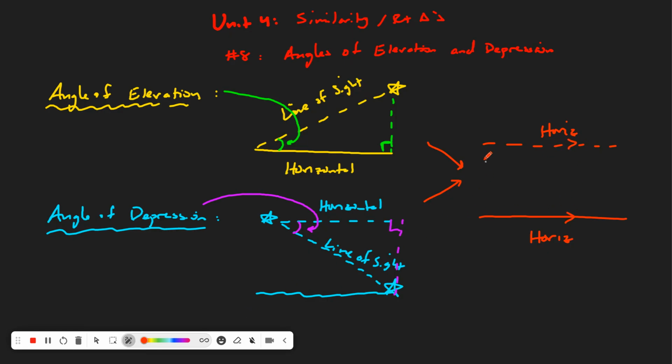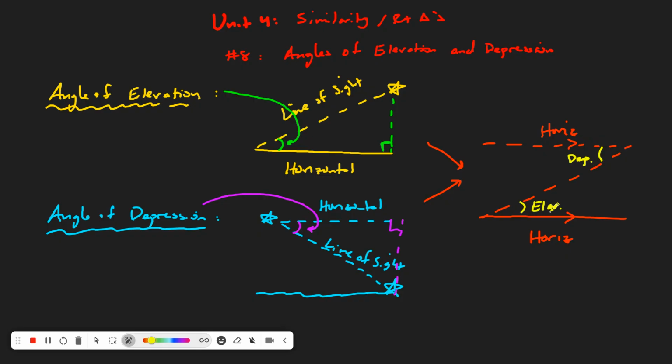And then you have this transversal running through, acting as the line of sight. There's your transversal. Down here is where your angle of elevation is created. Up here is where your angle of depression is created.